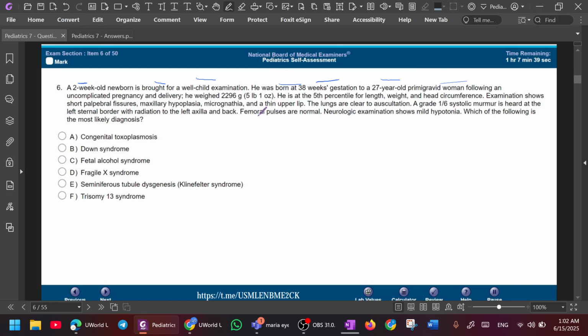Examination shows short palpebral fissures, maxillary hypoplasia, micrognathia, and a thin upper lip. The lungs are clear to auscultation. A grade 1/6 systolic murmur is heard at the left sternal border with radiation to the axilla and the back. Femoral pulses are normal. A neurologic examination shows mild hypotonia. Which of the following is the most likely diagnosis?